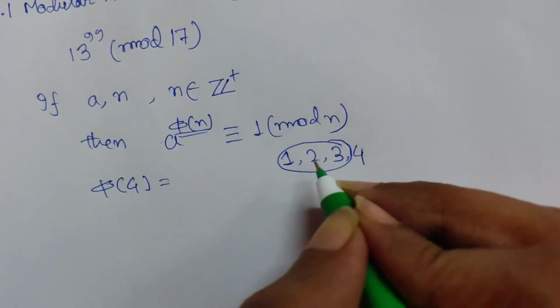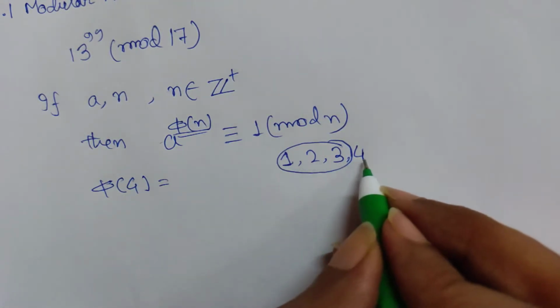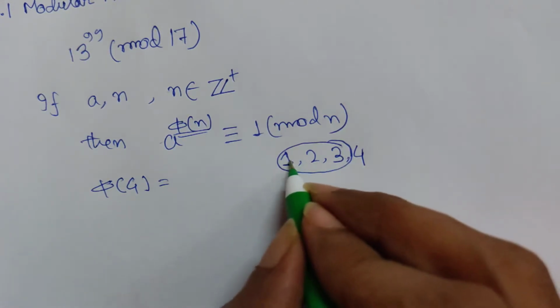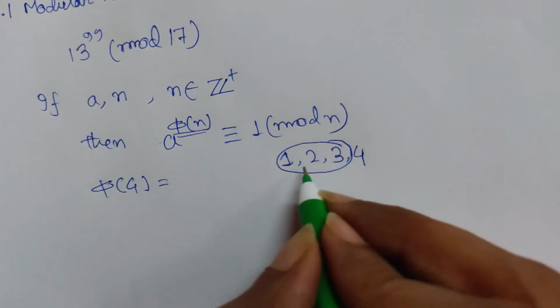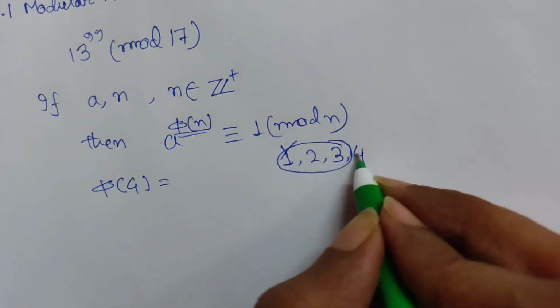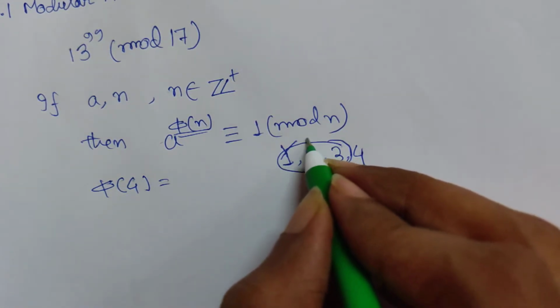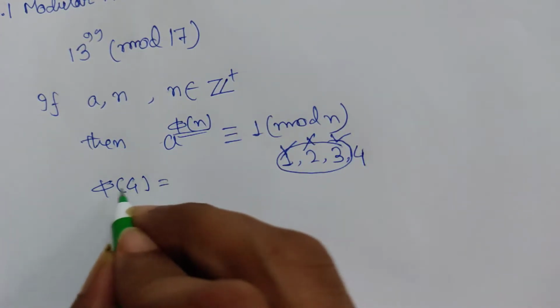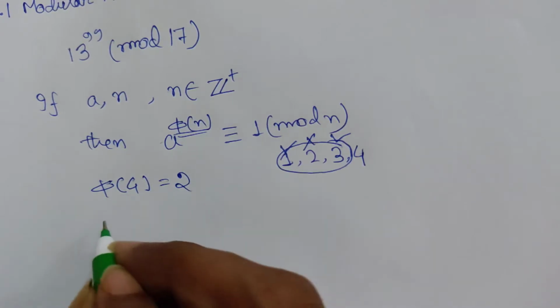Relatively prime means the GCD of the two numbers must be 1. So 1 and 4 is coprime, but 2 and 4 is not coprime because the GCD is 2. 3 is coprime. So here phi of 4 is 2.